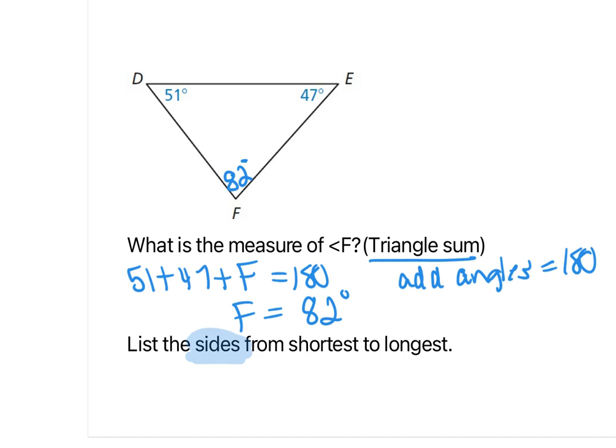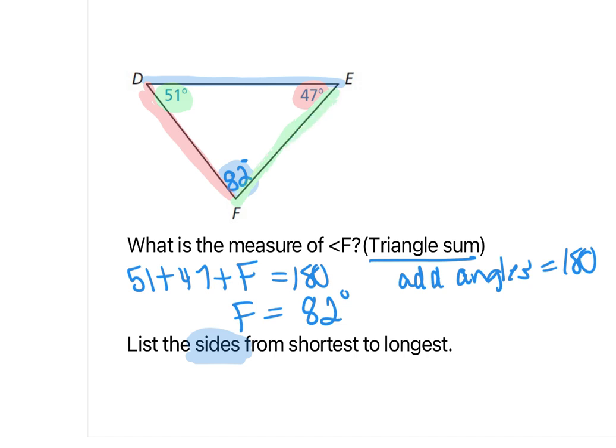I've got 82, the side opposite of it is here. And 47 is over here, the side opposite of it is here. And then, we'll go green, 51, and the side opposite of it is over here.